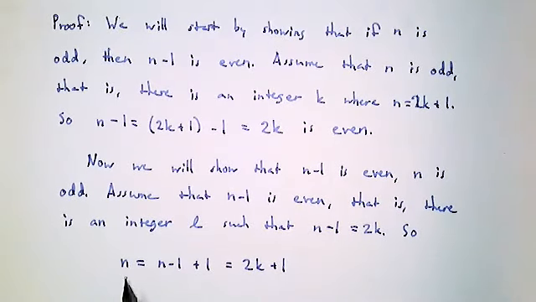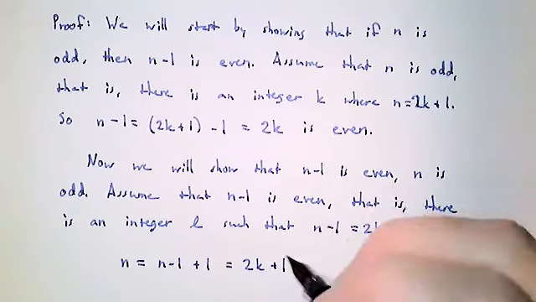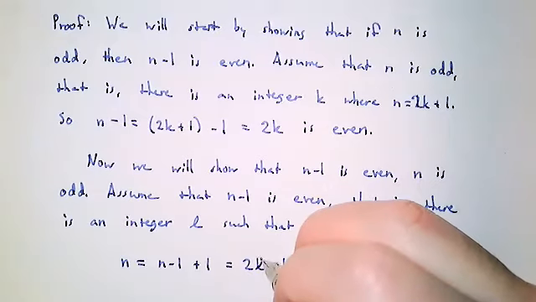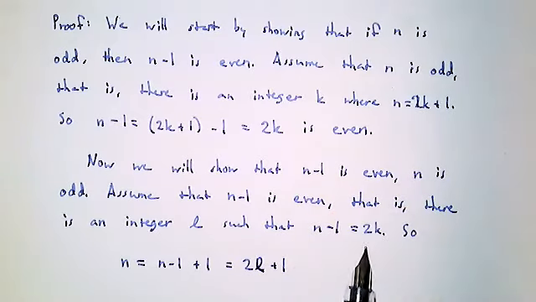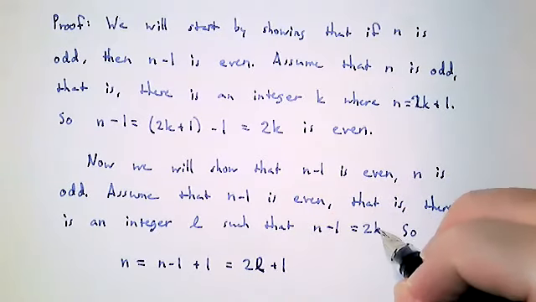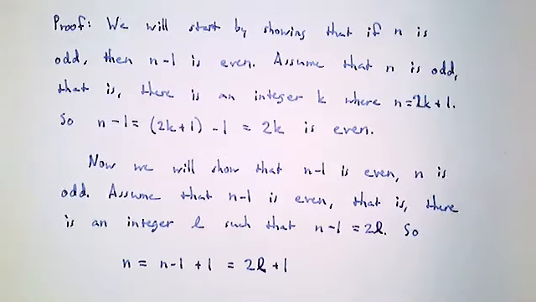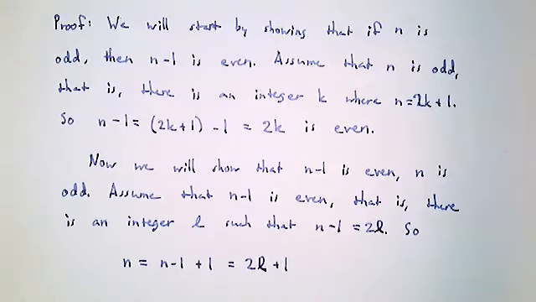So now we have an equation that says n is equal to, oh, and I switched letters here. N minus 1 is 2L. Need to be consistent. N is equal to 2L plus 1.